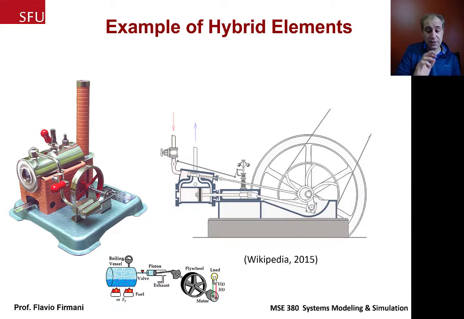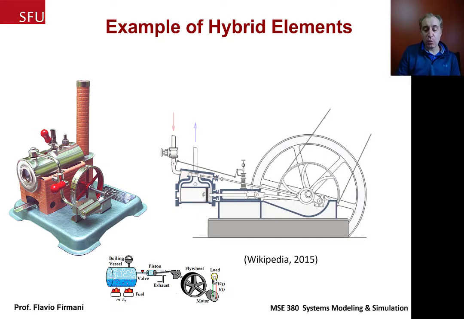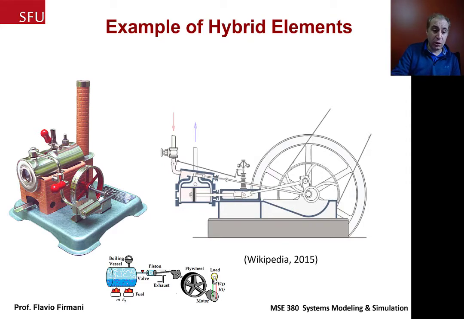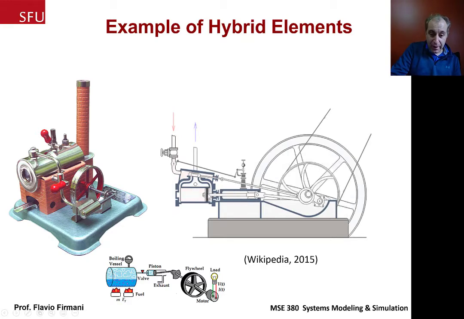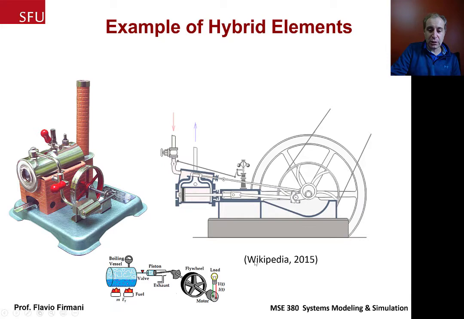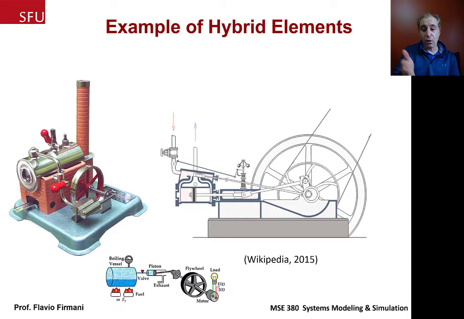So in this fairly simple example, we can see that we go through all the domains that we have seen so far, from a thermal system to a fluid system to a mechanical translational to a mechanical rotational to an electrical system. It's a toy, and it combines all the different domains, and there are going to be relationships between all of them.